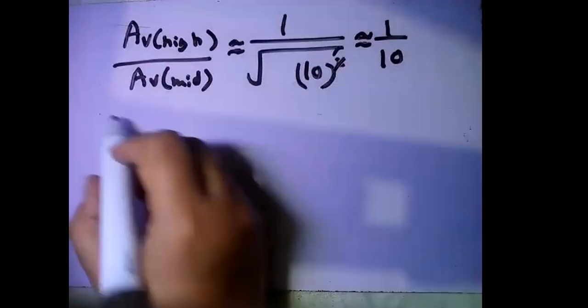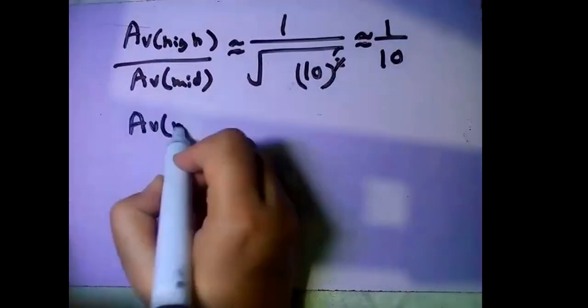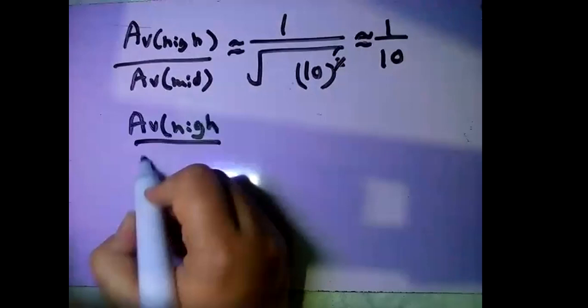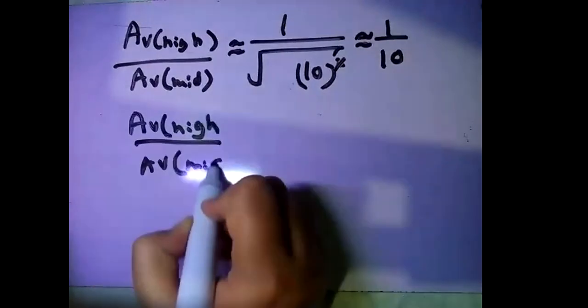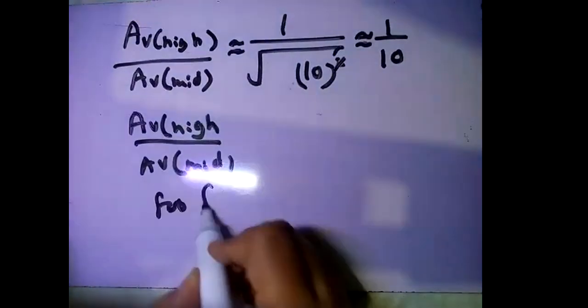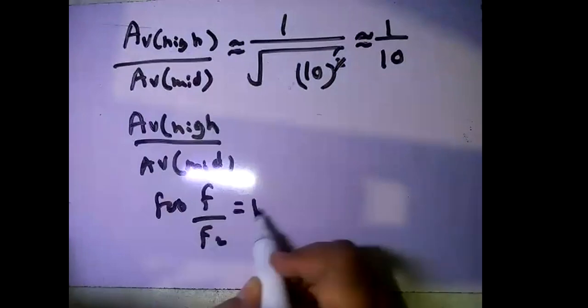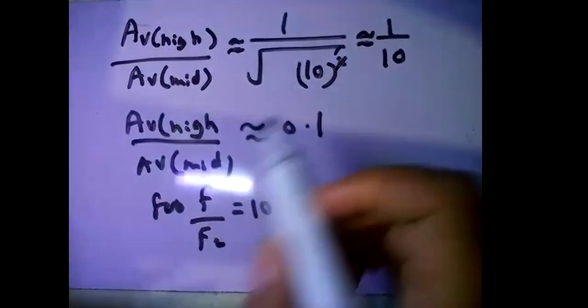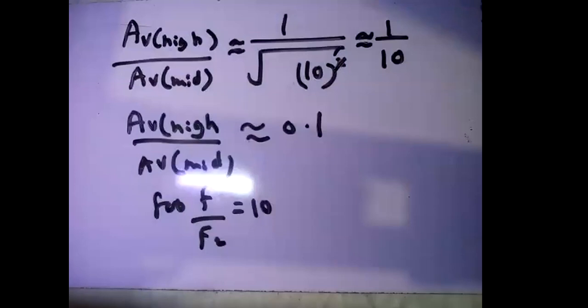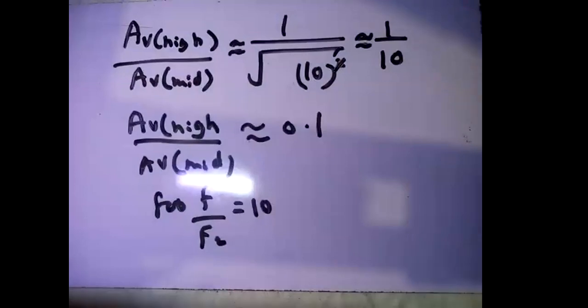So the A_v for the f over f2 ratio equal to 10 is equivalent to 0.1. You can determine similarly for the other ratios also.